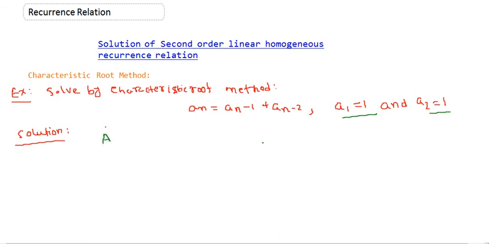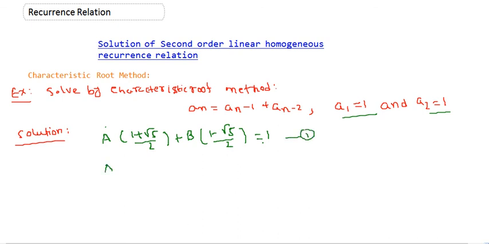a into (1 plus root 5) by 2 plus b into (1 minus root 5) by 2 equals 1, and this is our equation 1.